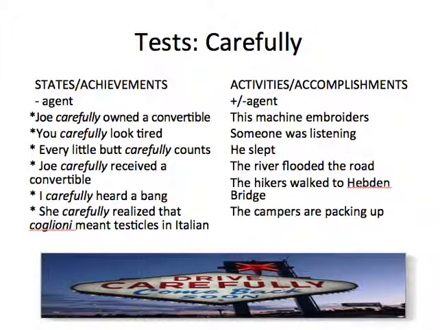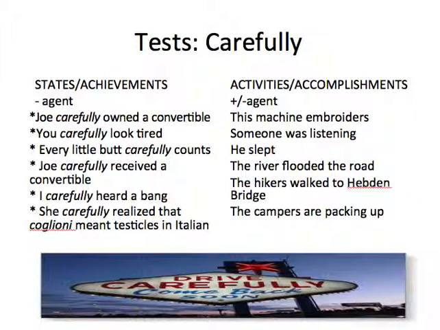Whereas with activities and accomplishments, whether it's with plus and minus agents, it depends upon whether it's a particular agent or not. So this machine carefully embroiders. I don't think machines can carefully do things. Someone was carefully listening. Yeah. He carefully slept. No, not really, because he's not really the agent of sleeping.